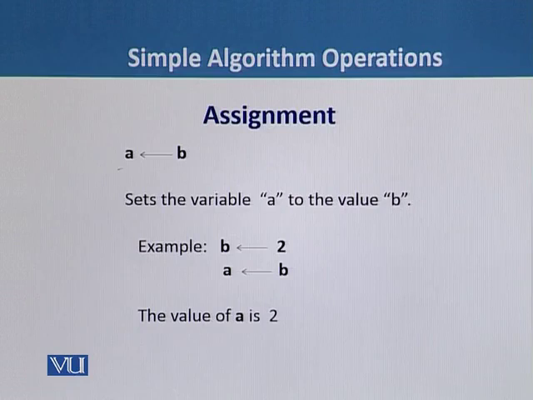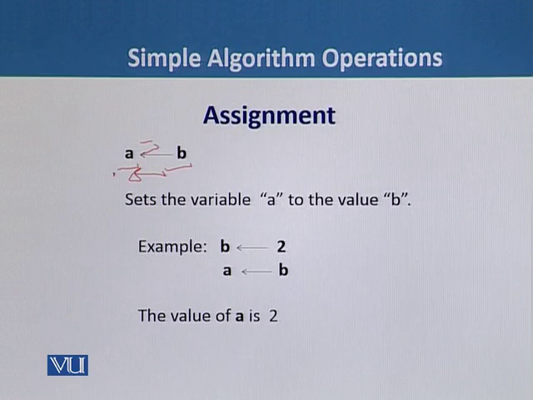Here we can see A, that is a variable, and B is a value. In between A and B there is an arrow, a left arrow, and in a very simple explanation, we can say the left arrow means equal to.